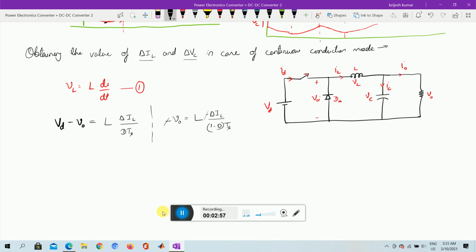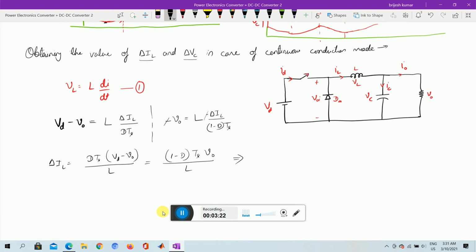From both the relations we can write delta IL is equal to dTs multiplied by (Vd minus V0) by L, is equal to (1 minus d)Ts V0 by L. So these two are equal.